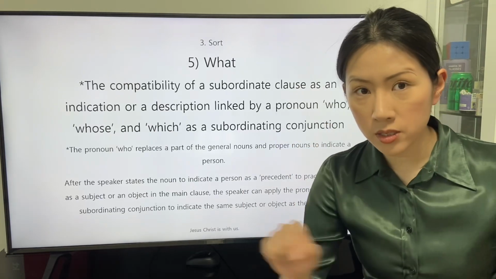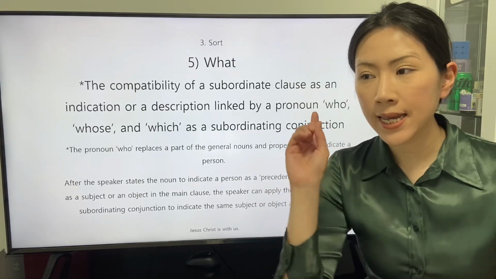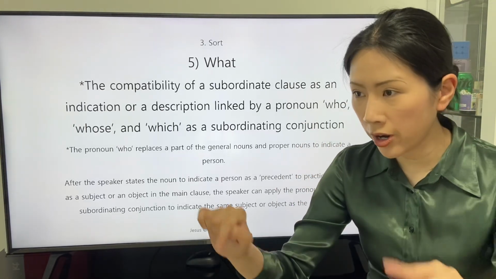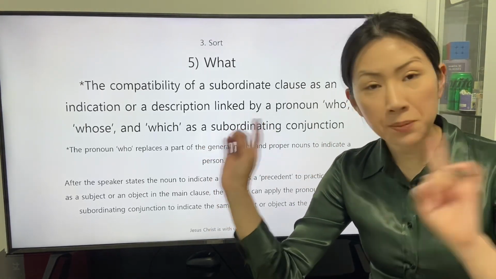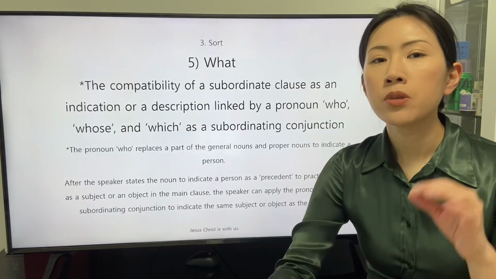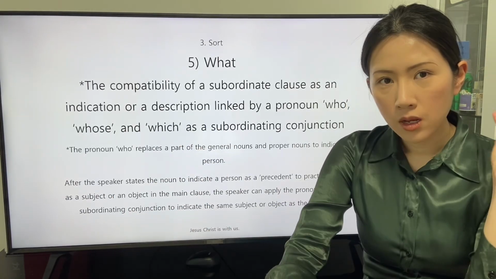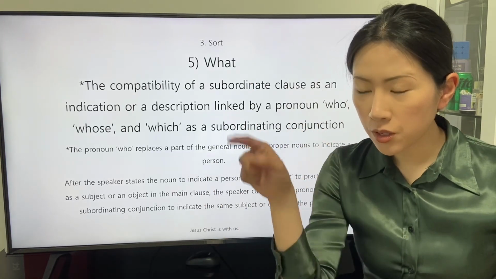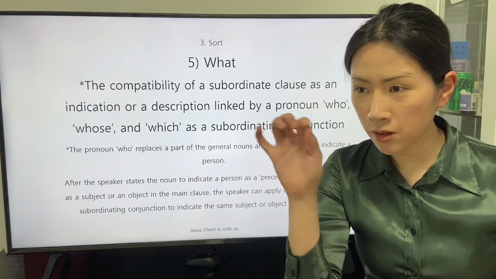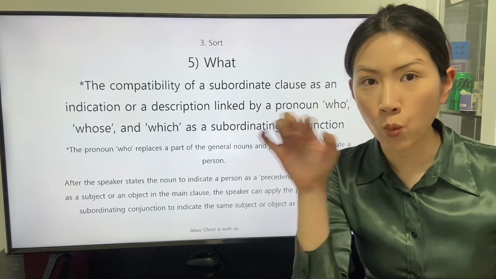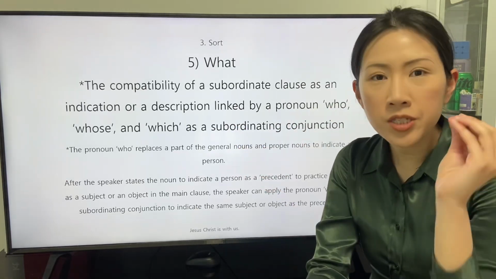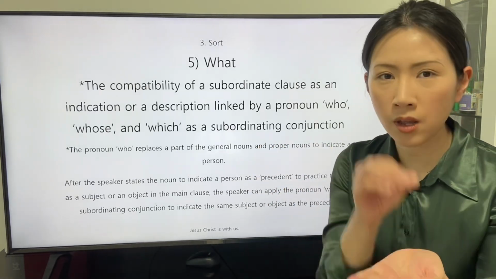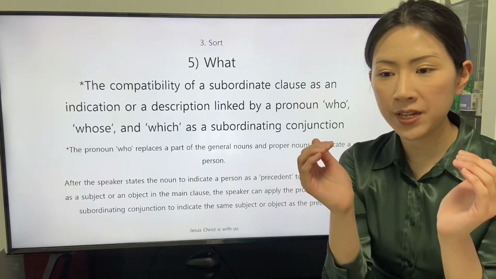The subordinate clause linked by the pronoun what indicates a described subject or object applied in the main clause. The description in the subordinate clause about the subject or object indicated by the pronoun what is considered the way to set the range of the indication.